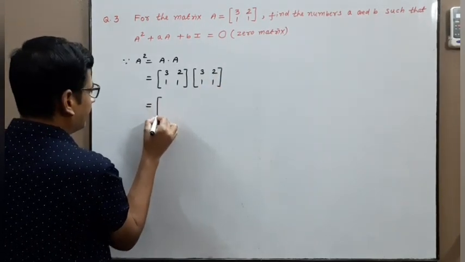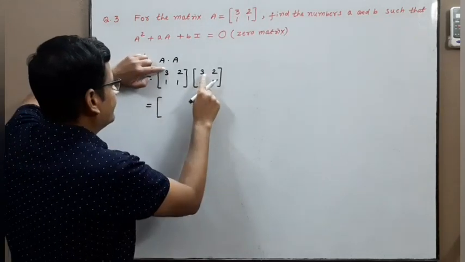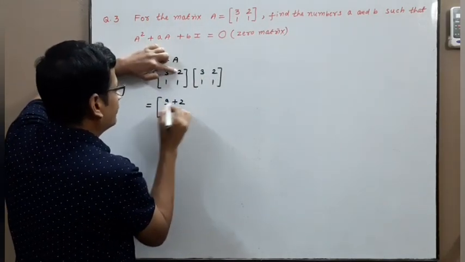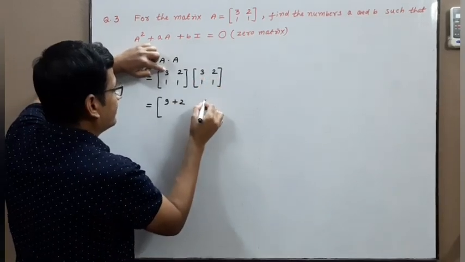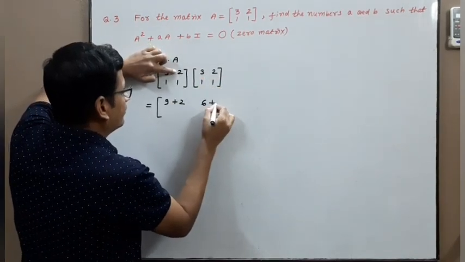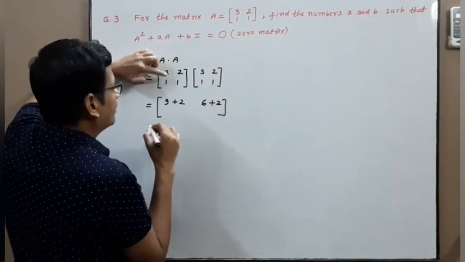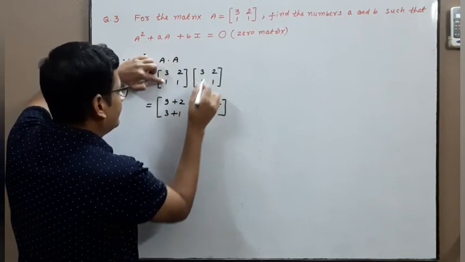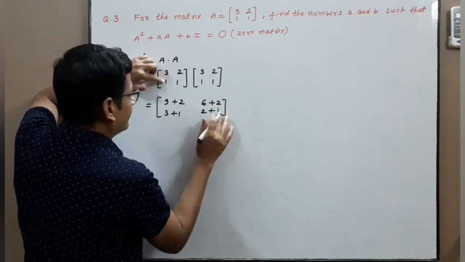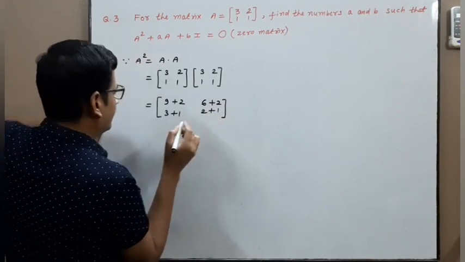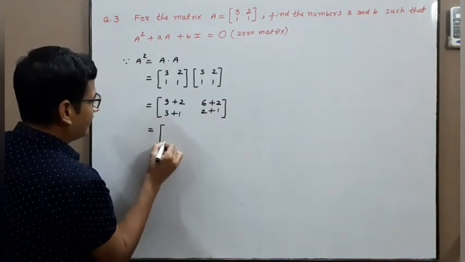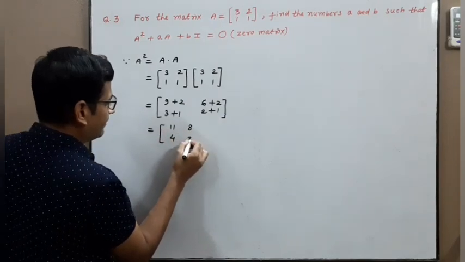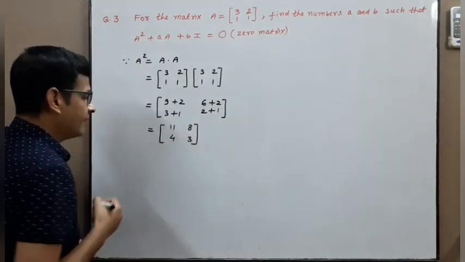Now multiply. 3×3 = 9, 2 into 1 = 2, 3×2 = 6, 2×1 = 2, then 3 and 1, 3 plus 1 and 2 plus 1. So now simplify. 9 and 2 make 11, 4, 8, 3. So this is the value of A square.